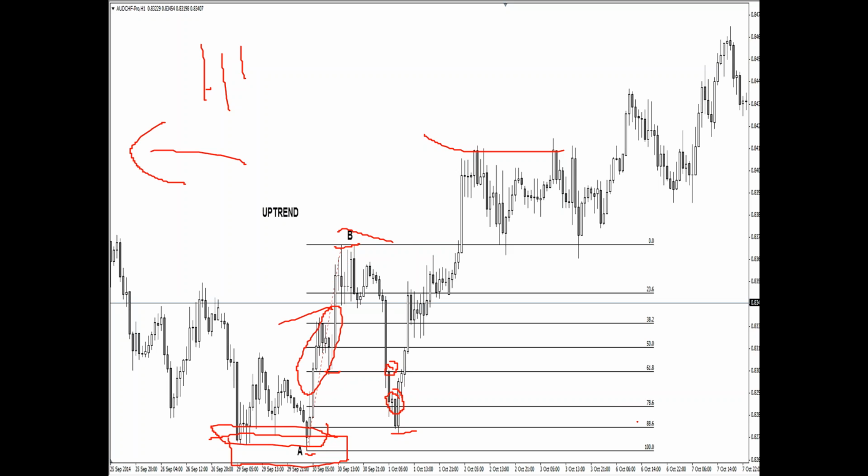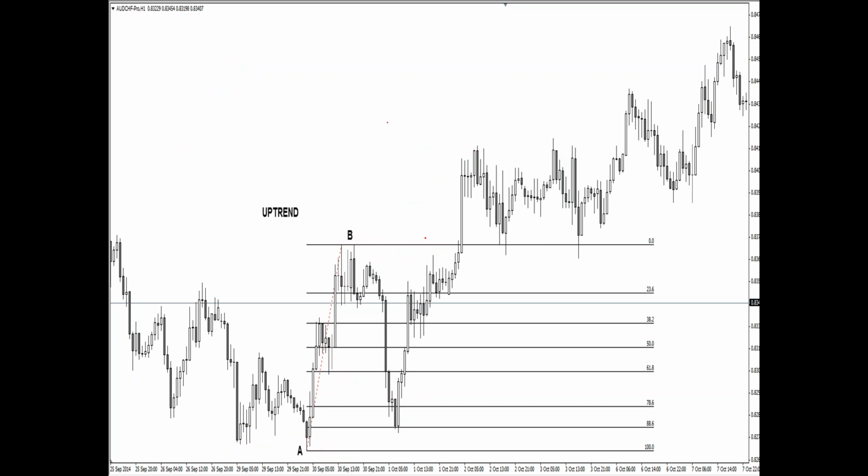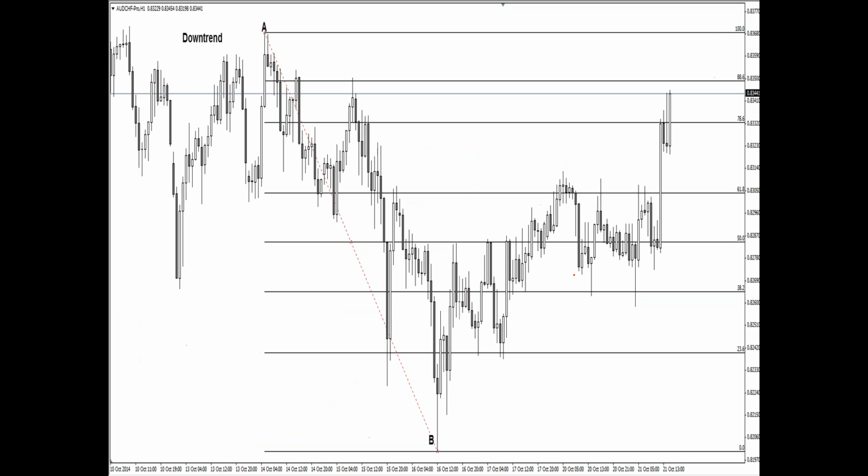But look at 88.6 rejection. That is the point of this picture. 88.6, the number. I call it the number because it is the most powerful one. Where the price reacted, AB, major swing. Inverted head and shoulders failure. This is inverted head and shoulders failure.